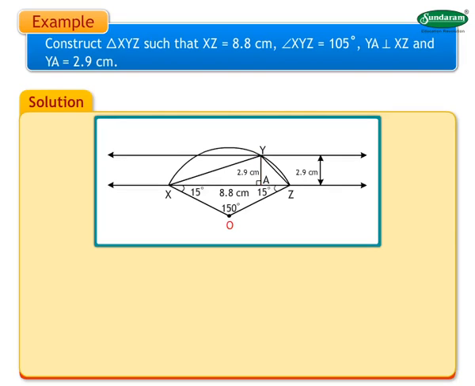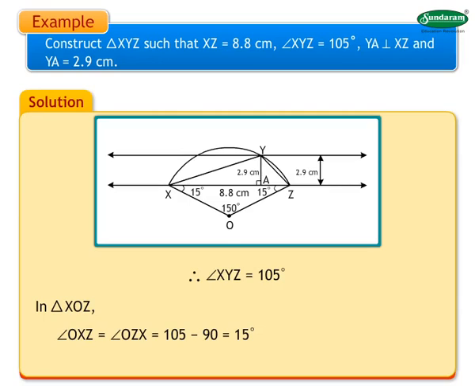Let O be the center of the circle. It is given that angle XYZ is equal to 105 degrees. Since angle XYZ is greater than 90 degrees and triangle XOZ is an isosceles triangle, therefore, in triangle XOZ, angle OXZ is equal to angle OZX is equal to 105 minus 90 is equal to 15 degrees.